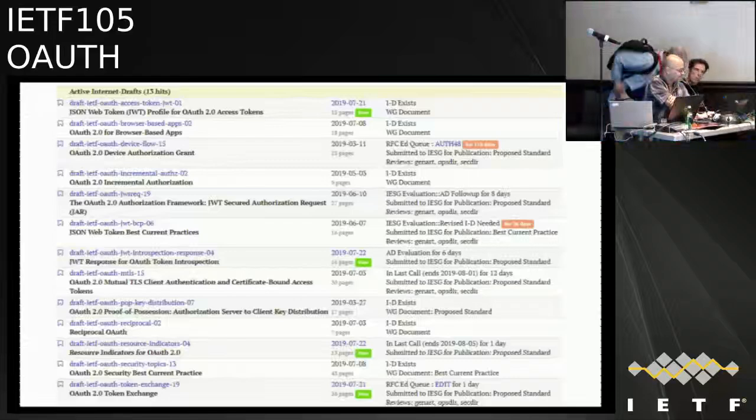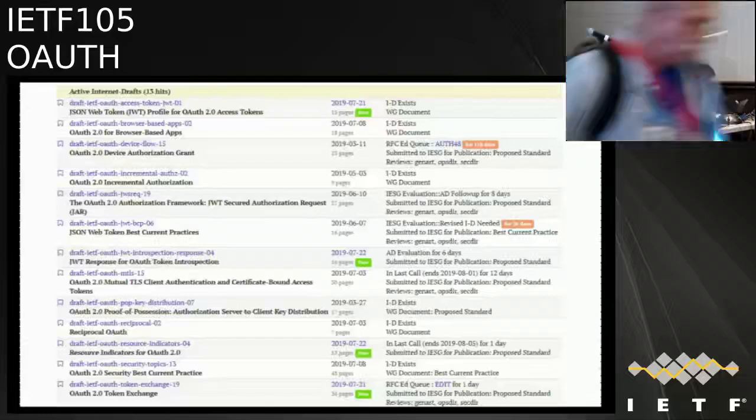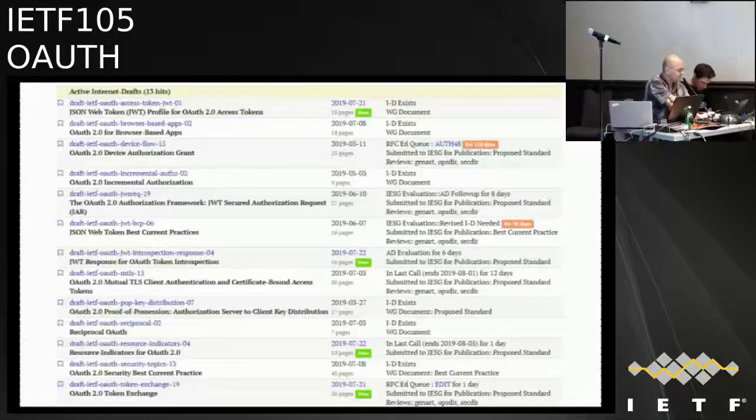So the discuss was about the concern over the overlap of the claims between the JWT claims and OAuth request parameters, because in JAR, OAuth request parameters are recorded inside the JWT. So there has to be some kind of coordination between the IANA registry for OAuth request parameters and JWT. That's what we have to add. Okay.